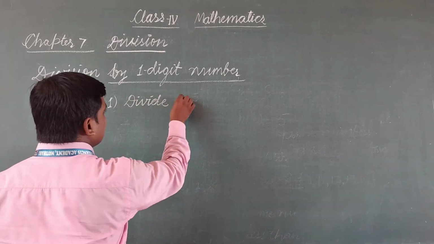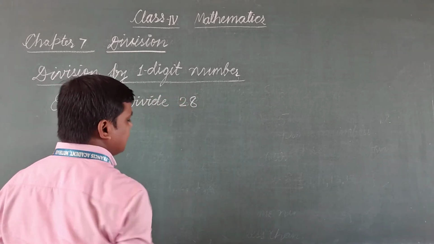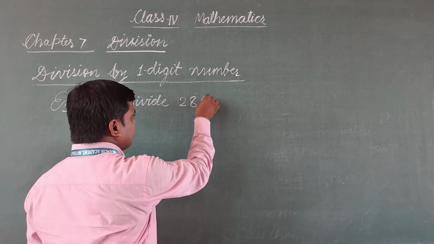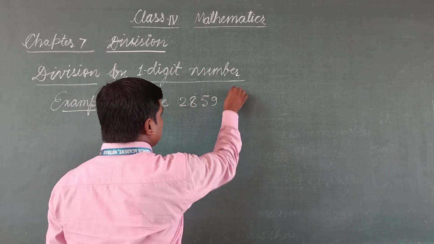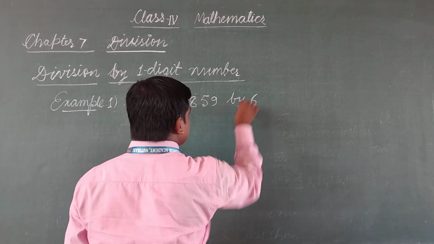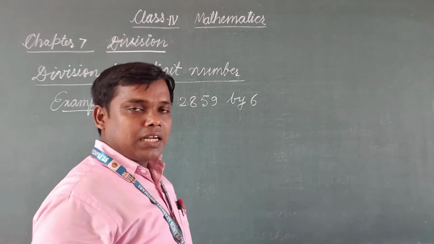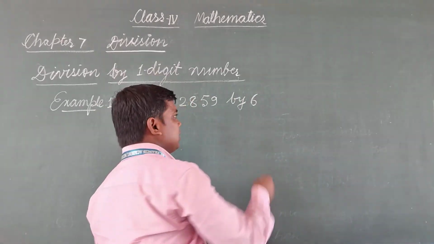Divide 2859 by 6 and write quotient and remainder.